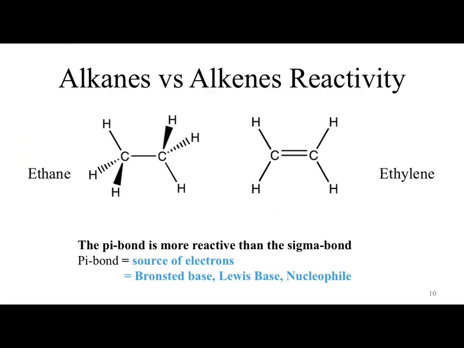So let's compare our alkanes versus our alkenes. When you compare those two, we do end up increasing the reactivity. Why do we increase the reactivity? We've got the pi bonds. Those pi bonds are held further, or the pi electrons are held further away from the atoms. They're more accessible.